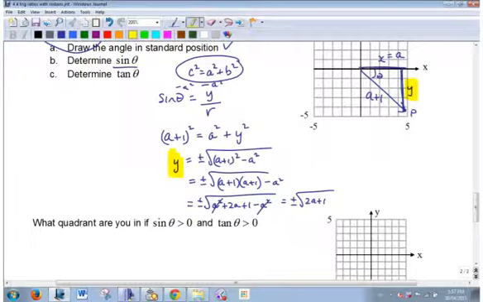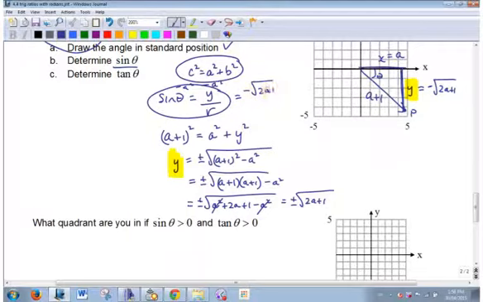So I'm going to take the negative, okay? So that's what y is. Negative root 2a plus 1. So finally, sine is y, negative root 2a plus 1, over r, which is a plus 1. And Bob's your uncle.